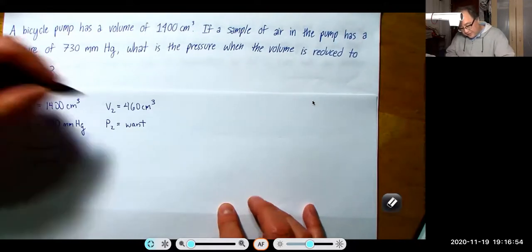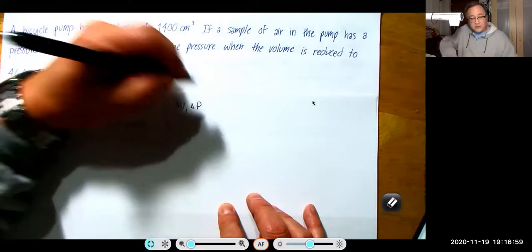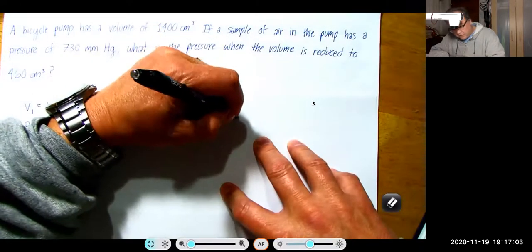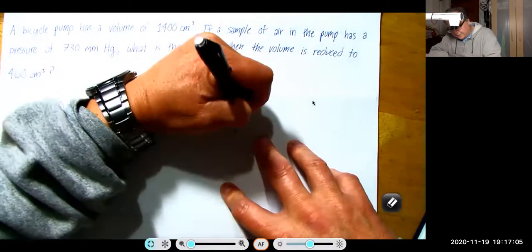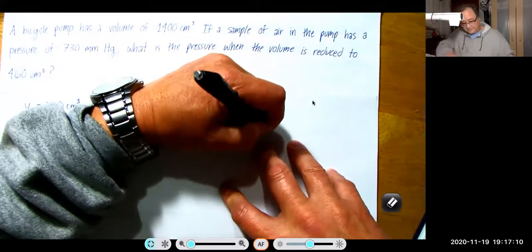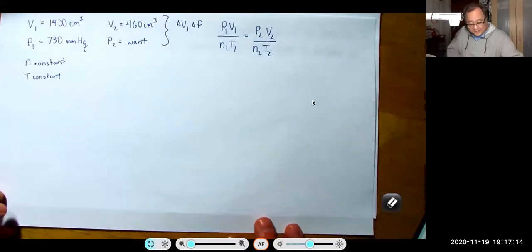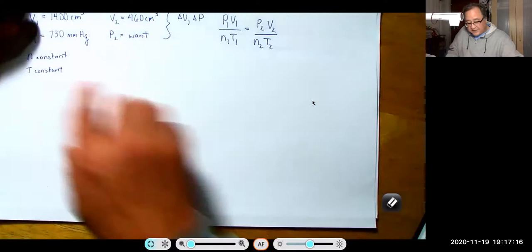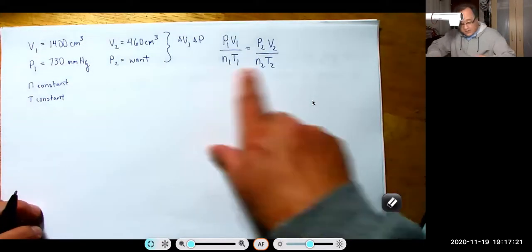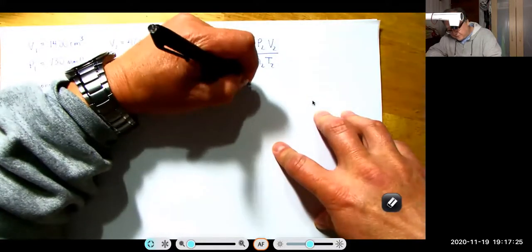So here, since there's a change in volume and a change in pressure, we're going to use P1V1 over N1T1 is equal to P2V2 over N2T2. Secondly, since N is constant and T is constant, we just take these variables right out of the equation and we get P1V1 is equal to P2V2.